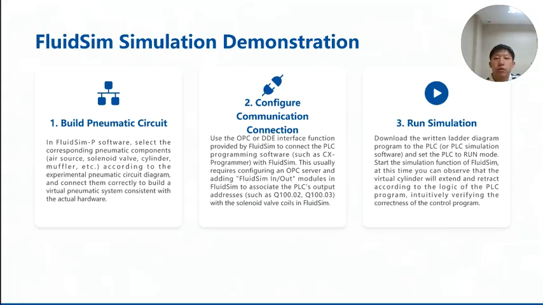To verify our program, we use Fluxtherm software for simulation. First, build the same pneumatic circuit as the experiment in the software. Then, connect Fluxtherm with the PLC programming software through OPC or DDE, mapping the PLC's output signals to the solenoid valves in the simulation software.